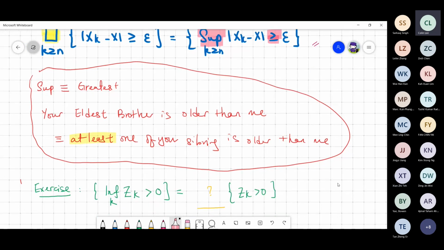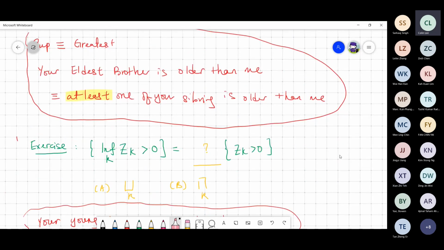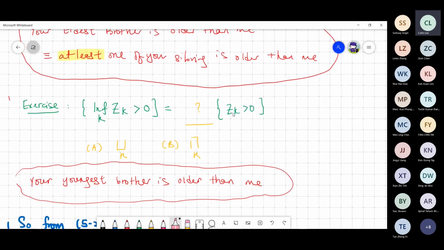So for example, if you look at it, what is the answer for it? The infimum of Xk larger than 0 is equivalent to a union or an intersection here? Look at the left-hand side and relate this to our statements here. Infimum is the smallest, so the smallest is larger than 0. Just imagine your youngest brother is older than me.